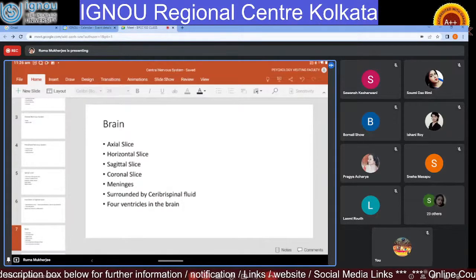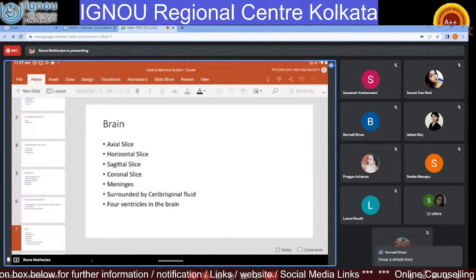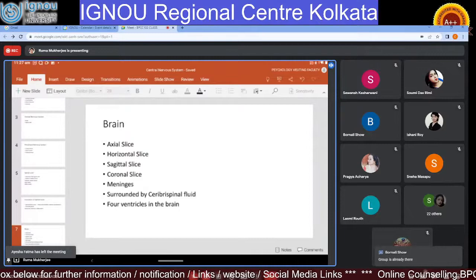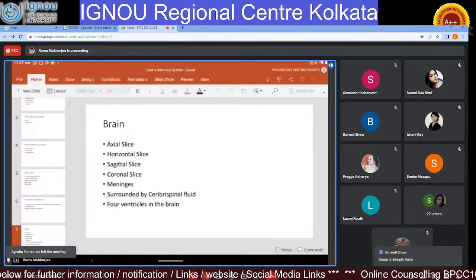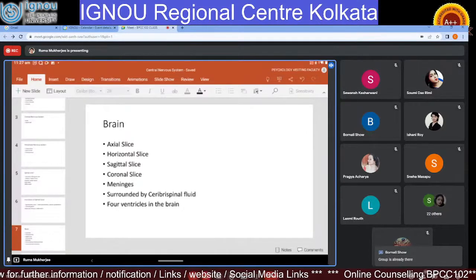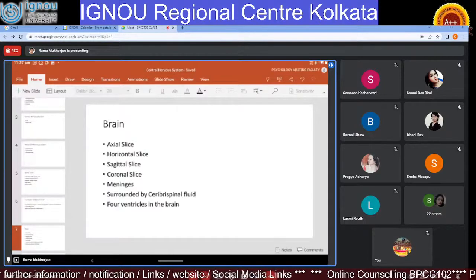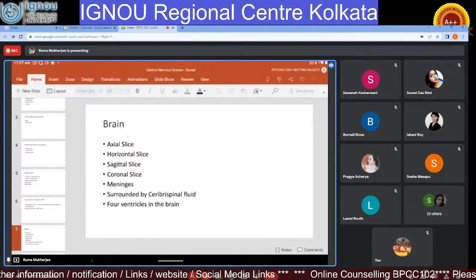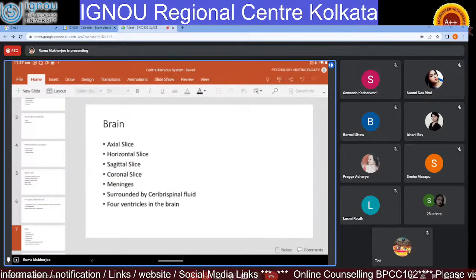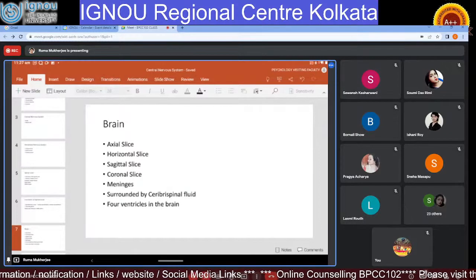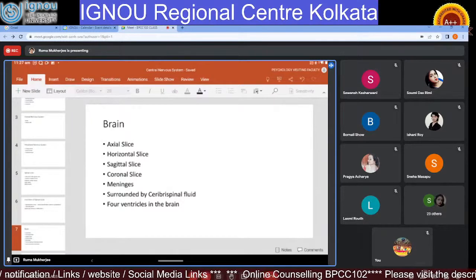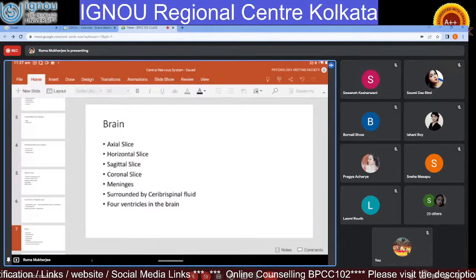The slicing sideways across the brain so that the left and right hemispheres are exposed is known as the axial slice, and it is also called the horizontal slice, because it is a horizontal cut across the brain. The second way to slice the brain is the sagittal slice.